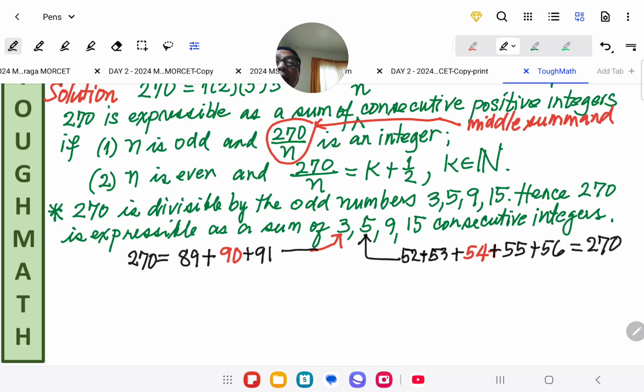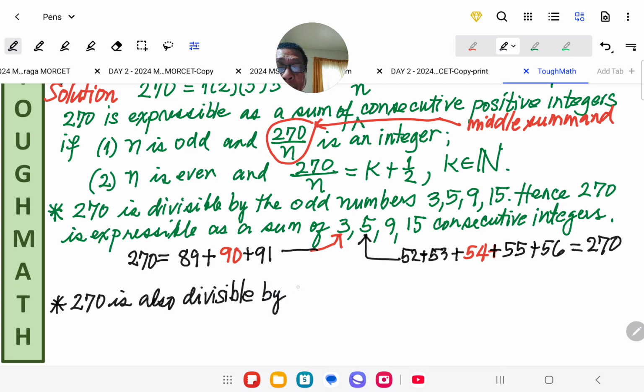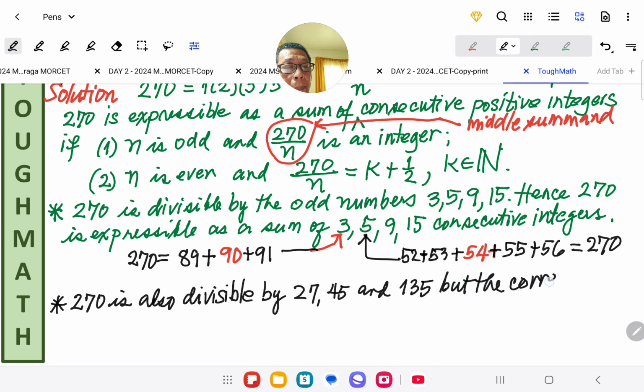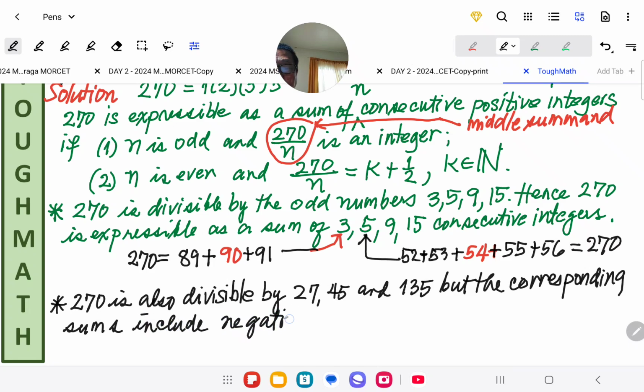So, another case, I will use this black color. 270 is also, I already made a comment about this, but anyway, I would just like to write it down. 270 is also divisible by 27, 45, and even 135, but the corresponding sums for these 3 include negative integers.